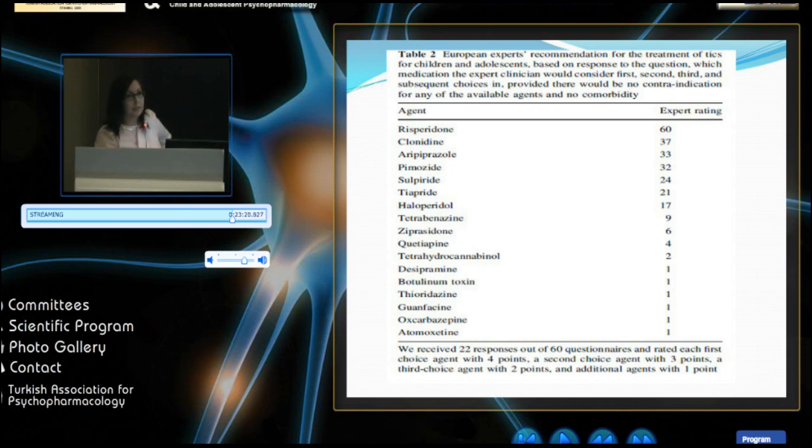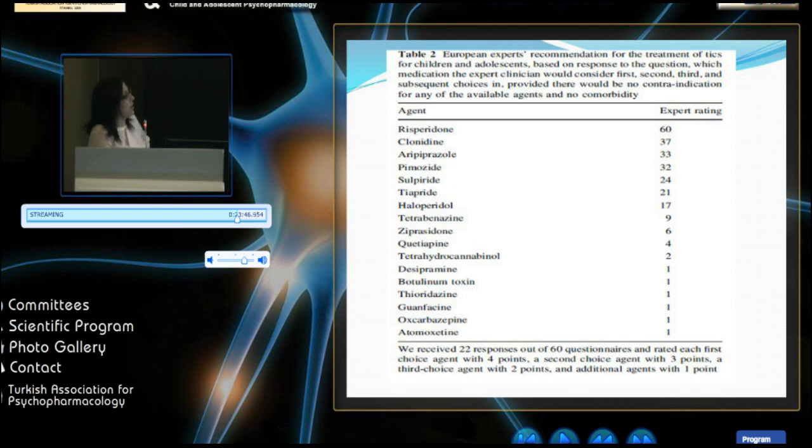This is an important slide as well. The experts in Europe were sent some questionnaires, and they asked if you think that there is no contraindication or comorbidity, what would be your first choice, and what would be the second choice?